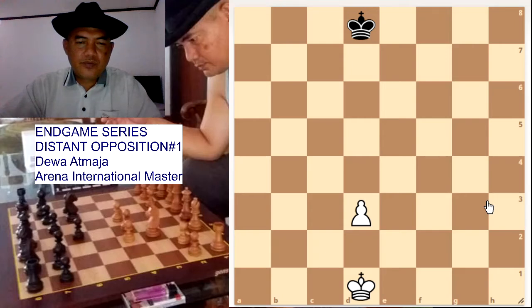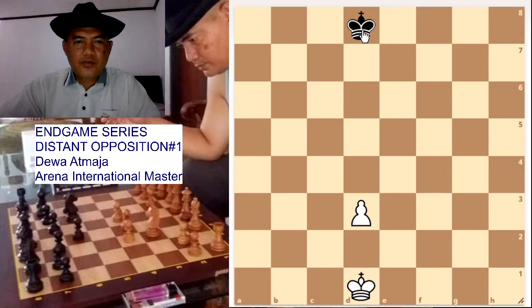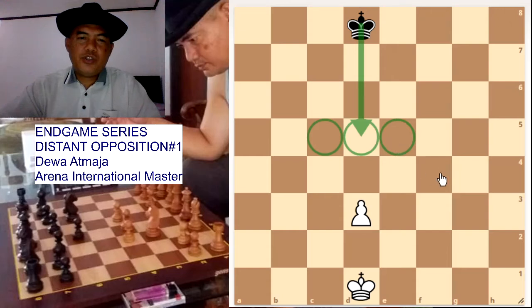In this position, white has a pawn, but as we know, the key square here is on the fifth rank, which is closer to black than to white. Because it's closer to black, this is a draw position.